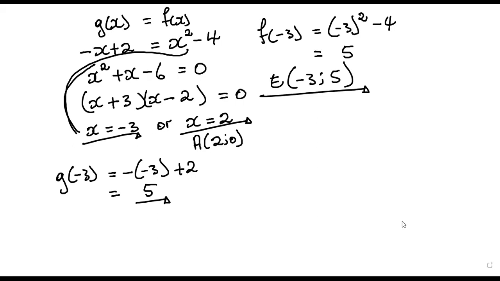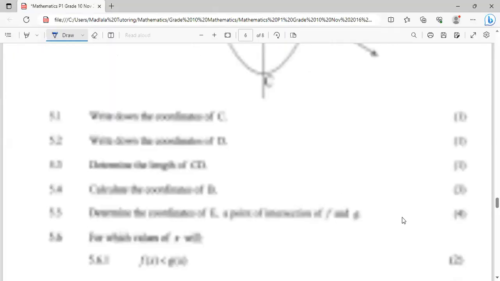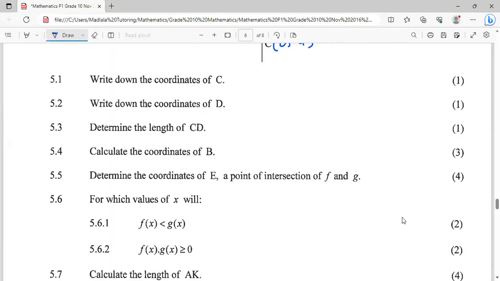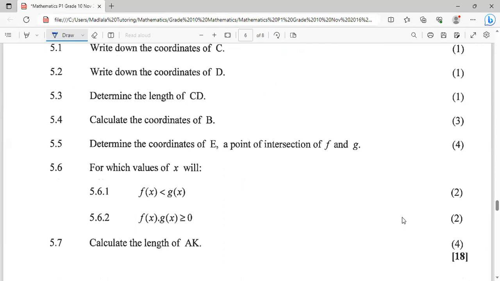Yes, let's look at question number 6 now. So this one is broken into two parts, but listen to what it says. They say, for which values of x will f of x be less than g of x? So how do we say this in English?